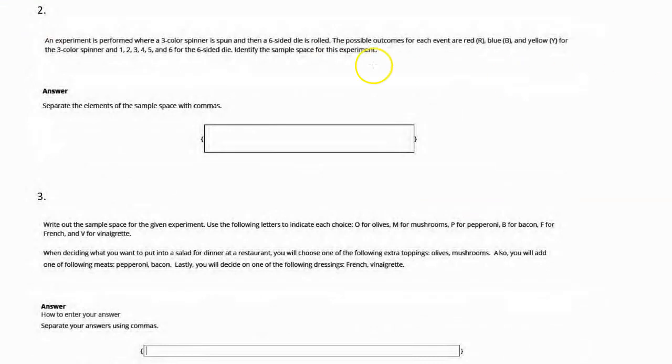In number 2, as we look at it, and again, you have to read it, you're going to have a 3-color spinner. So there's a spinner there, and this is going to be red, blue, and yellow.